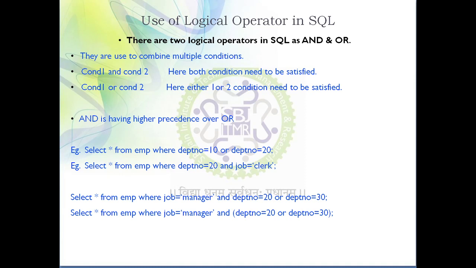A simple example: here I have written a simple query: select star from emp where department number equals 10 or department number equals 20. That means I want the detailed information of all employees whose department number is either 10 or 20. So this is the solution.